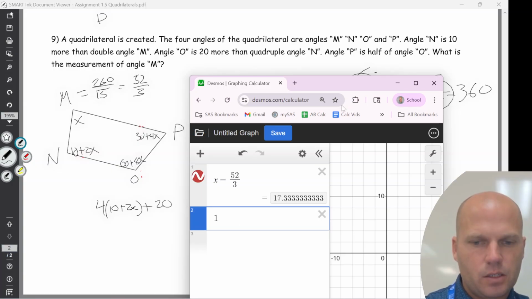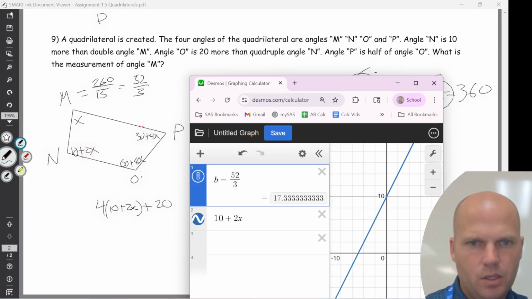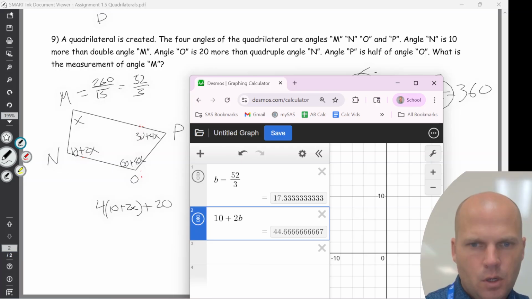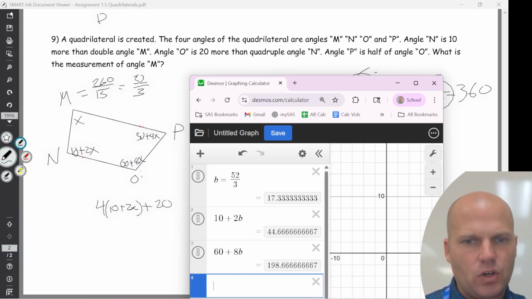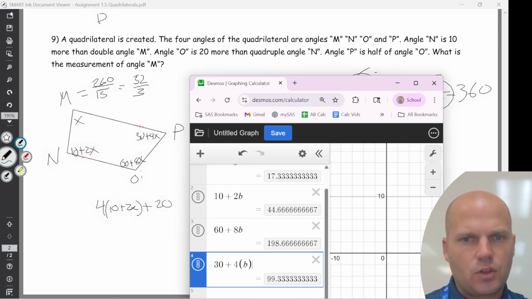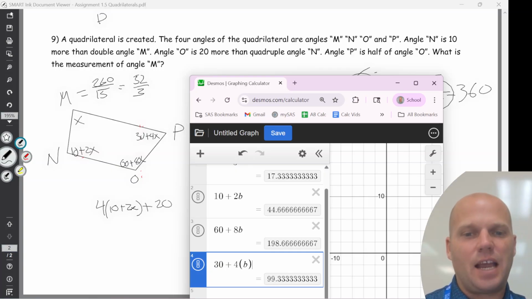That's 44.6666. Then 60 plus 8 times 52 thirds, and 30 plus 4 times 52 thirds. So I have 17 and a third, 44 and 2 thirds, 198 and 2 thirds, and 99 and a third.